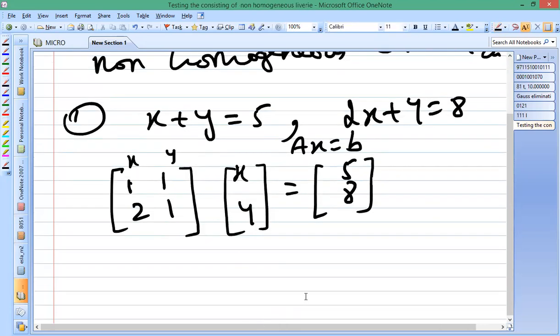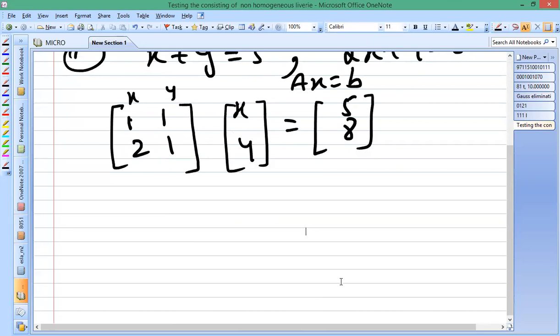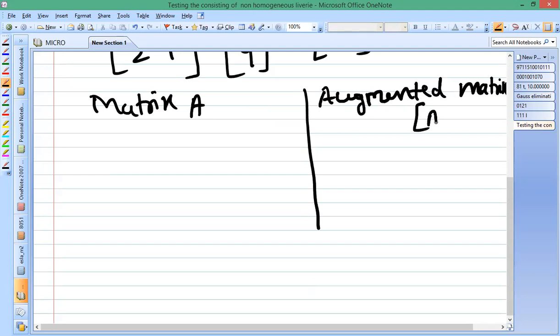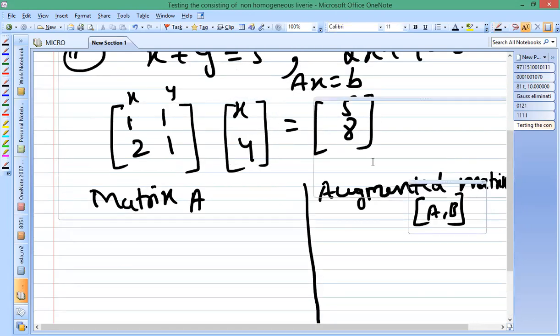Now, in order to test the consistency, we are going to consider the matrix A. This is another method we will be discussing here. Consider the matrix A in one column, and in the second column let us consider the augmented matrix, which is denoted as A comma B. Here we include the column of the right hand side answers along with the elements of A itself.